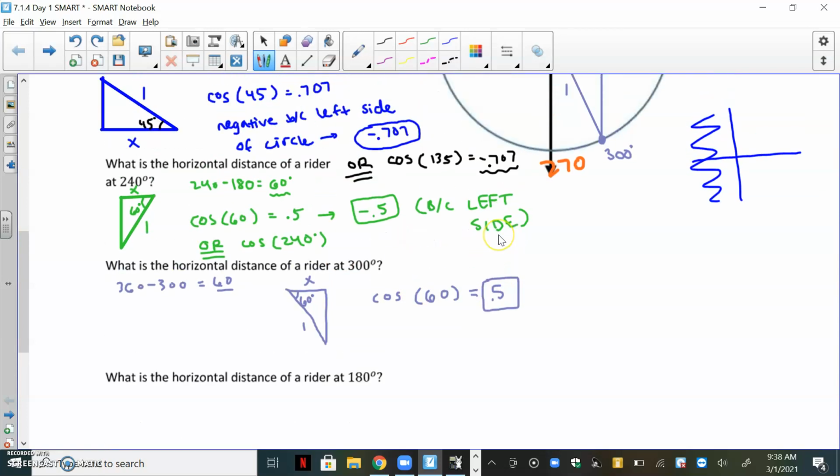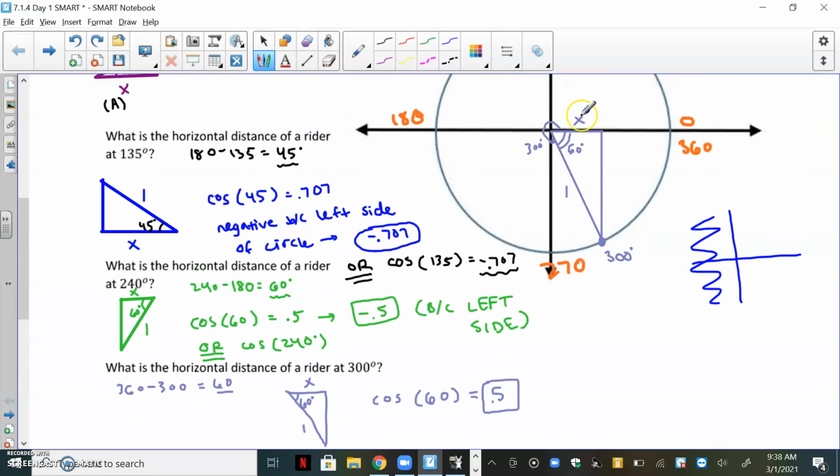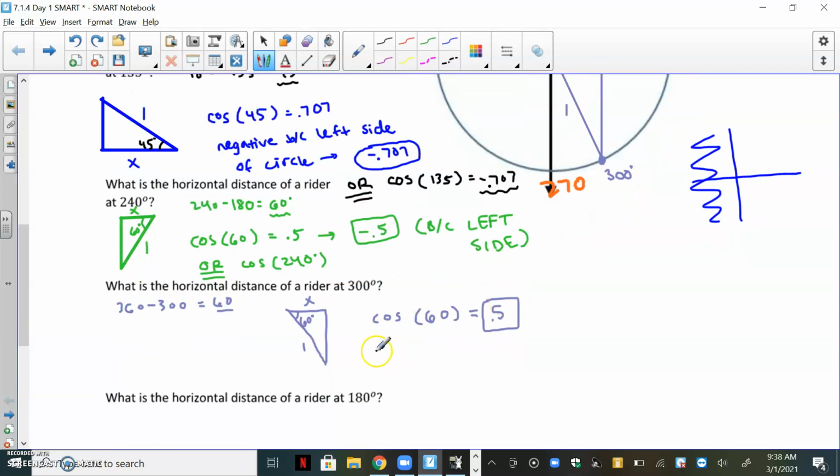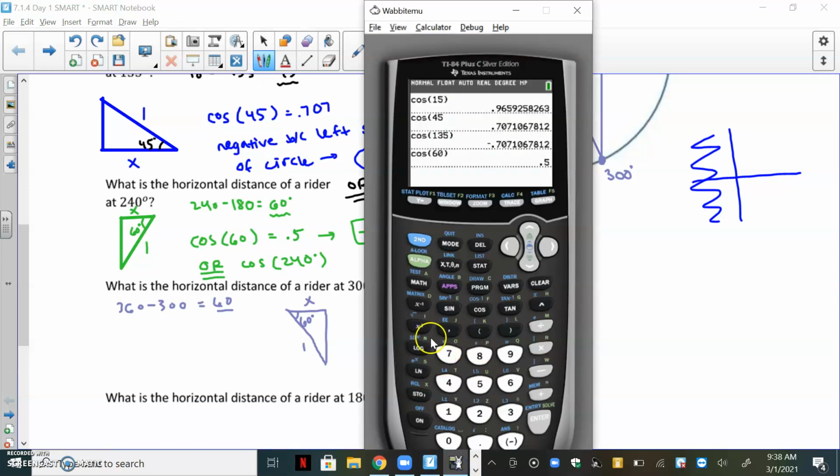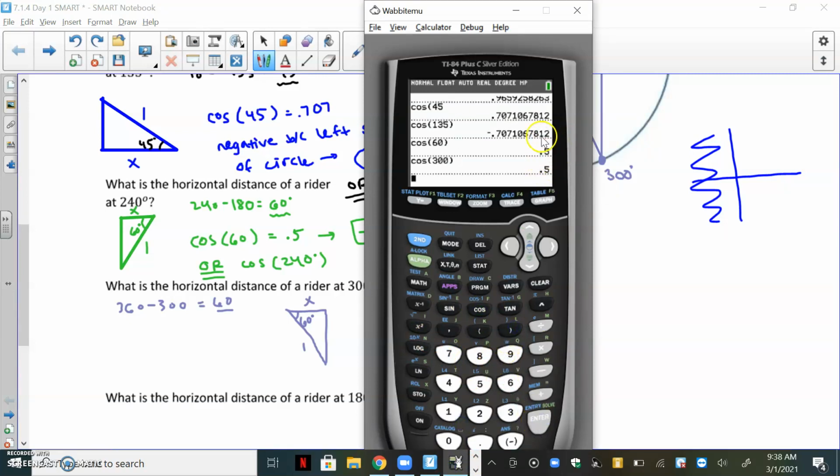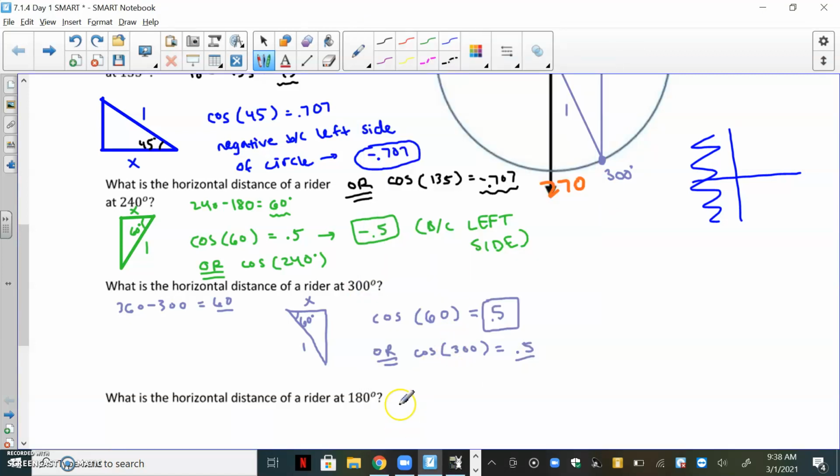It stays positive this time because it's on the right side of the circle, right? So if we did do the cosine of 300, we would also get 0.5. Let's prove it. Cosine of 300, sure enough, it is a positive 0.5, just like the cosine of 60.